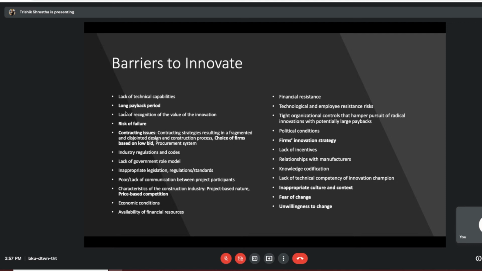The next one is economic conditions, availability of financial resources, financial restrictions, technological and employee resistance, risk, tight organization controls that hamper pursuit of radical innovation, political conditions, firms' innovation strategy. This again needs discussion because construction firms in general lack innovation strategies. They have strategies about what the next project is going to be like, where the next project might come from, how to get as many projects as possible, how to make profit out of these projects.